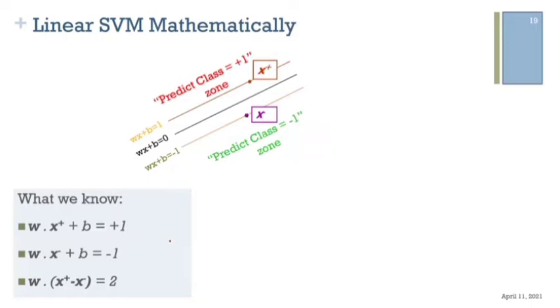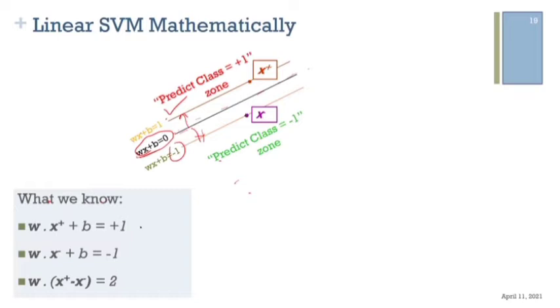So in the linear SVM, mathematically, this is the line, the separating hyperplane we talk about. This is the margin we created. On the line, that equation is equal to 0. It is equal to +1 for the positive class, and for the negative class, we set it to -1.